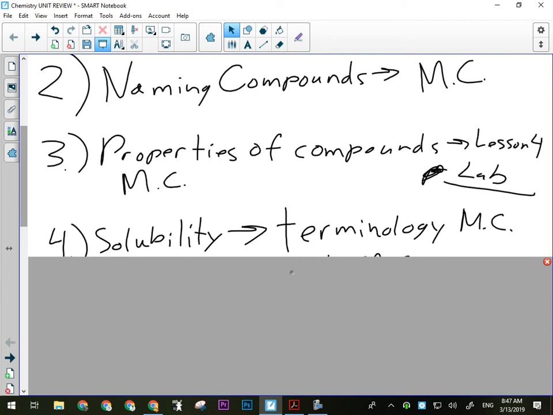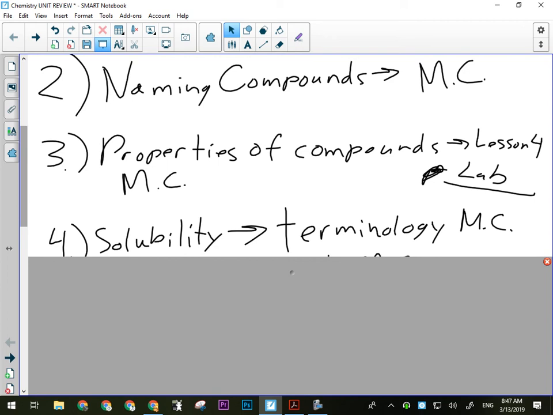There will also be some multiple choice questions asking you to use your solubility chart. Okay, so you could have which of the following compounds is not soluble, and there'd be a list, and you would have to check them using your solubility chart to determine which one was soluble or not soluble. Okay, or I could do something like what you were supposed to do in question number 2 in the analysis of your reactions lab.